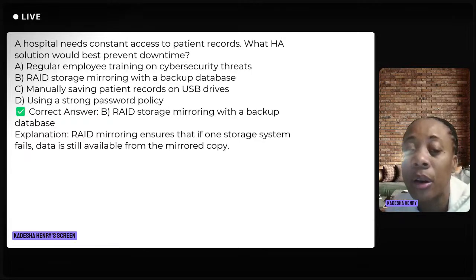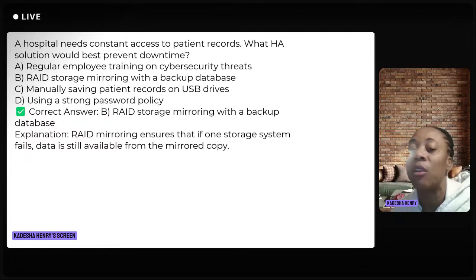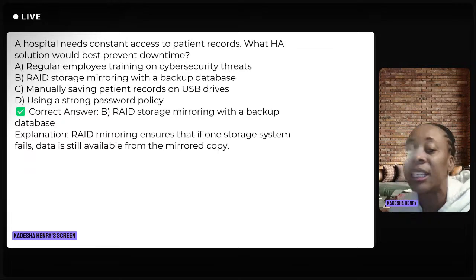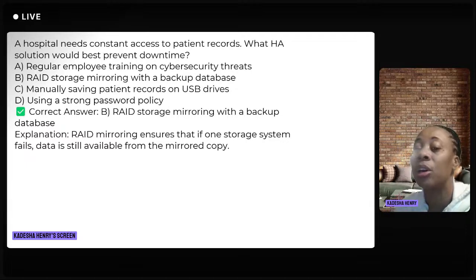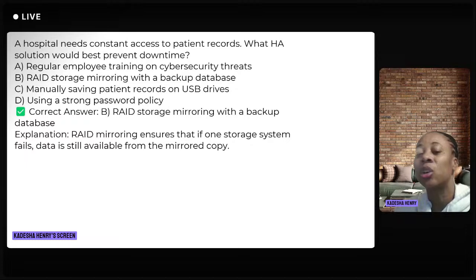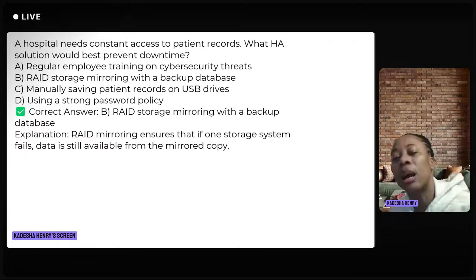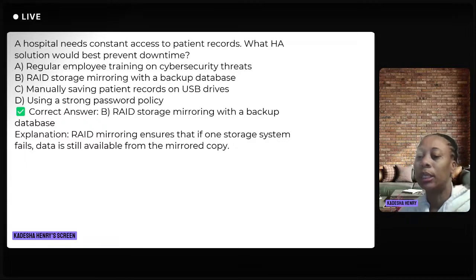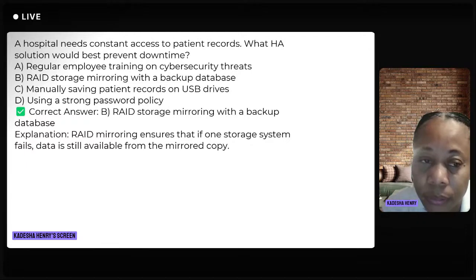So when we talk about RAID mirroring, it ensures that if one storage system fails, data is still available from the mirrored copy. We have a mirrored copy, and so if one storage system fails, we can use that one. Do you understand that concept?